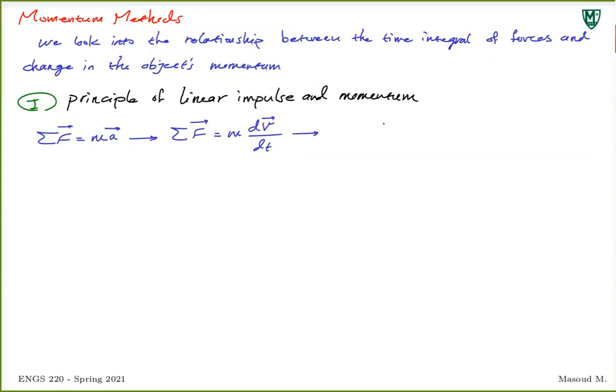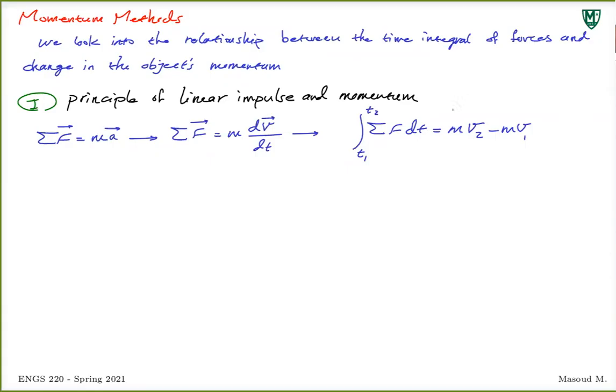It's pretty straightforward. The integral of the summation of forces dt, over a time period t1 to t2, is equal to m v2 minus m v1. The other side becomes the integral of dv from v1 to v2.